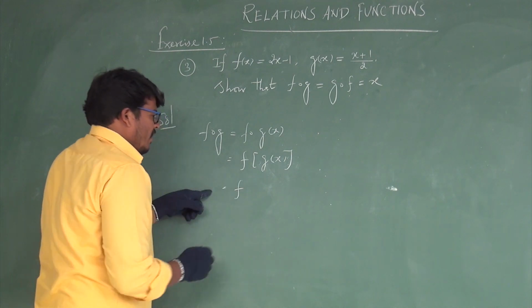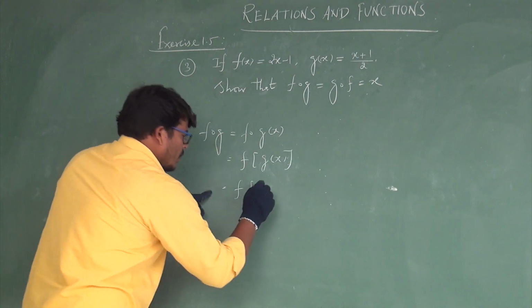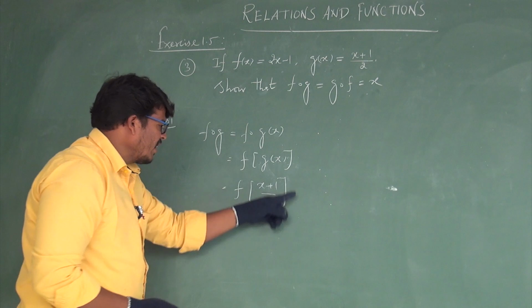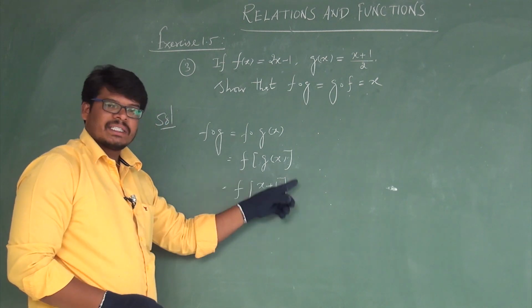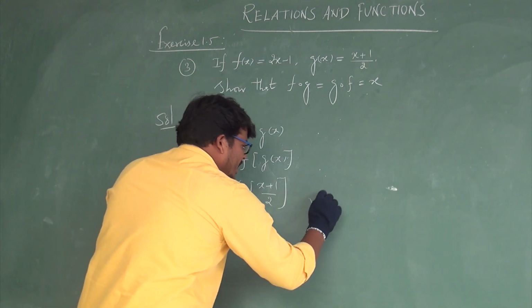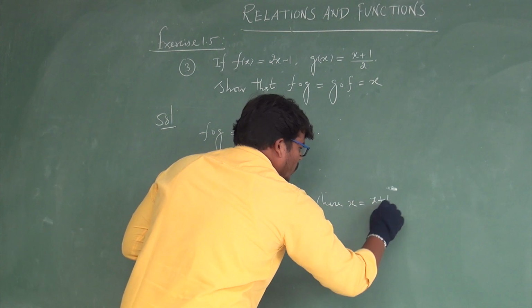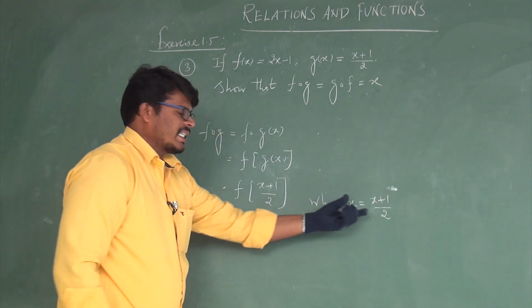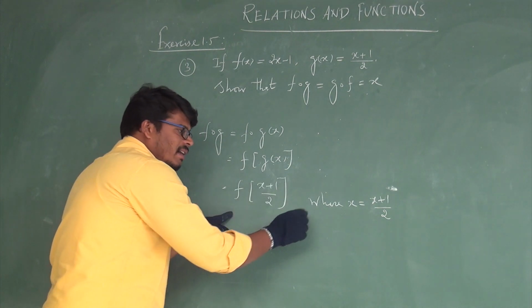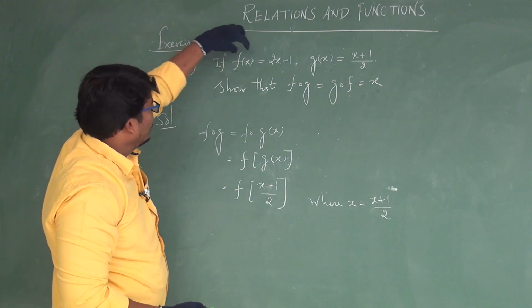So f of g of x is f of (x plus 1) by 2. The entire function is f of x, where x is replaced by (x plus 1) by 2, substitute in f of x.